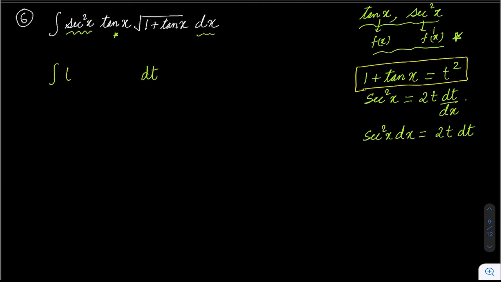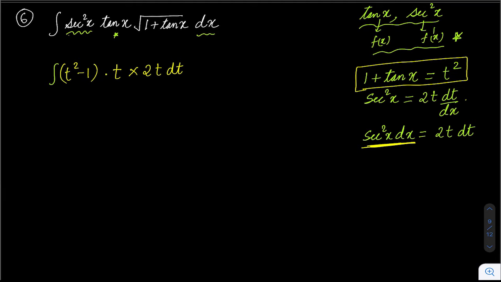So this is nothing but t square minus 1, right? And root of 1 plus tan x is nothing but t. And what is secant square x into dx? Secant square x into dx is 2t dt. So multiply by 2t dt. I hope it's clear.